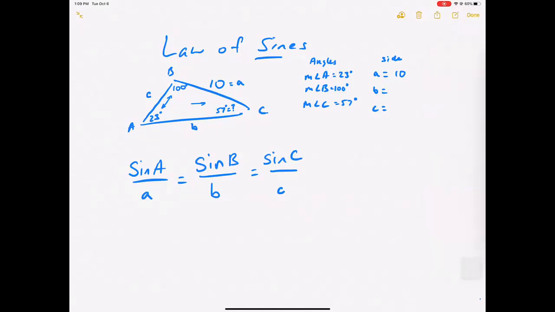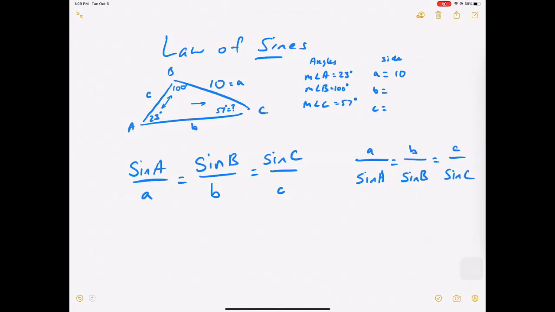The alternate form is a over sine of A is equal to b over sine of B is equal to c over sine of C.